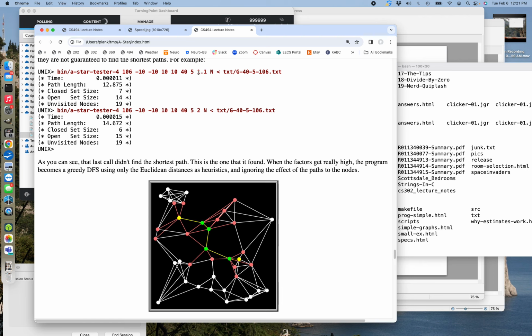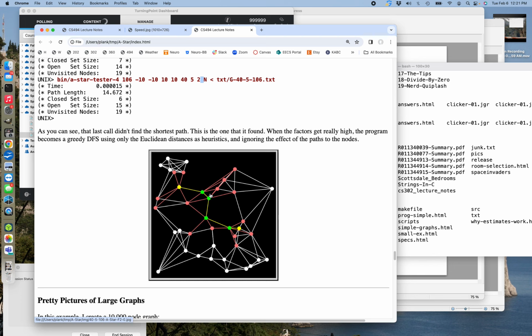Here I multiply them by 1.1, and as it turns out, it finds the same path. If I multiply it by 2, it actually finds this path. You'll notice that all nodes are in the closed set, but it finds the wrong path. But it will often find a path that's good enough for you. No, it's using the original.